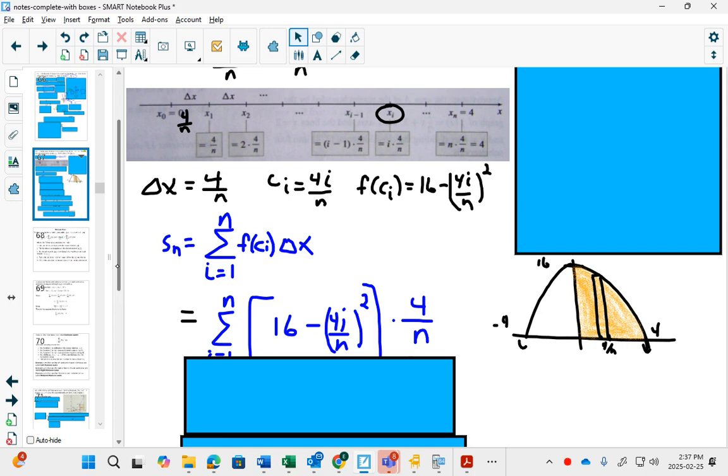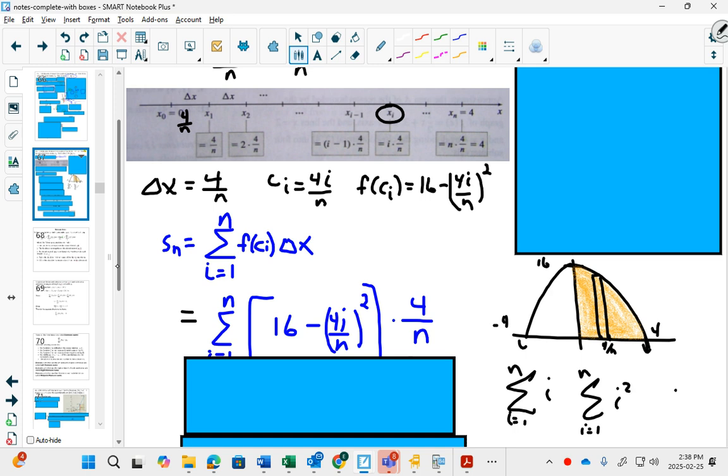So our goal next is to get this equation into formulas that you know. The formulas that we were given at the beginning were the sum from i equals 1 to n of i, the sum of i squared, and I think I gave you 3 of them, the sum of i cubed.